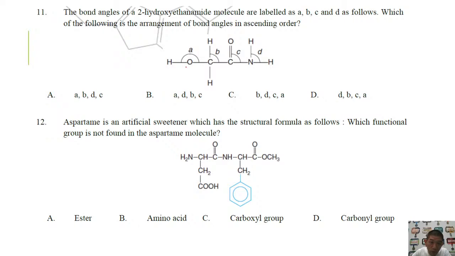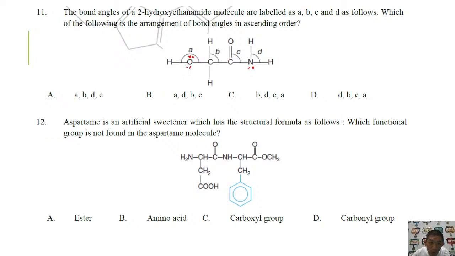So in here, oxygen, when you only have two covalent bonds, it must always have two lone pair electrons in here. Carbon with 4 covalent bonds has no lone pair electron. Nitrogen with 3 covalent bonds means nitrogen also must have one lone pair electron.